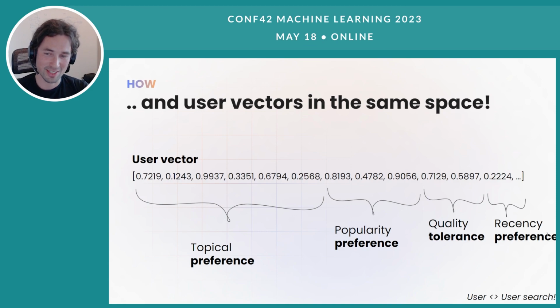What you can also do with this, I have this note here in the bottom right corner, is user-to-user search. You can discover users that behave similarly. This is useful for lookalike audiences, for bot detection, for recommending people to each other to engage. I mean, dating apps, an obvious use case.